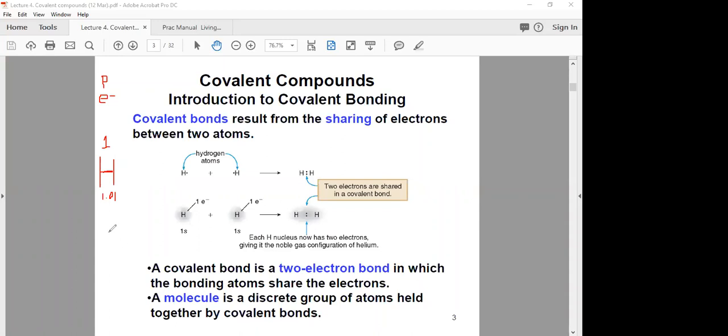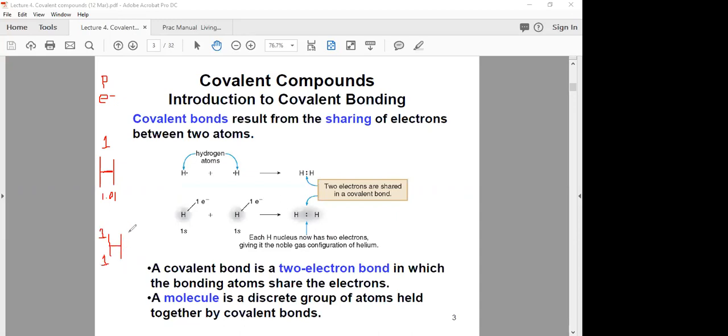And remember how we do this? We write the element symbol for hydrogen, and we place the mass number up here, rounded. So we're going to just round that to 1. Here's the mass number, placed as a superscript, and then the atomic number, which is also 1, as a subscript.